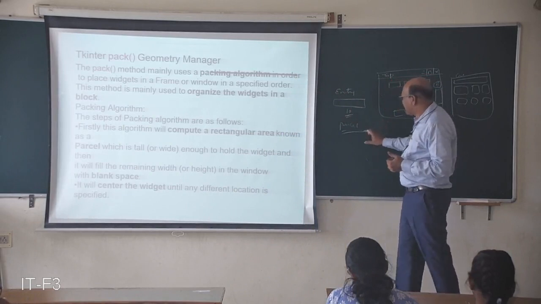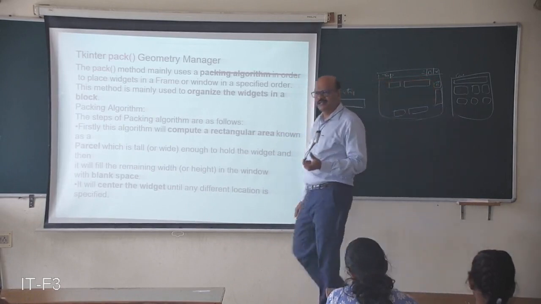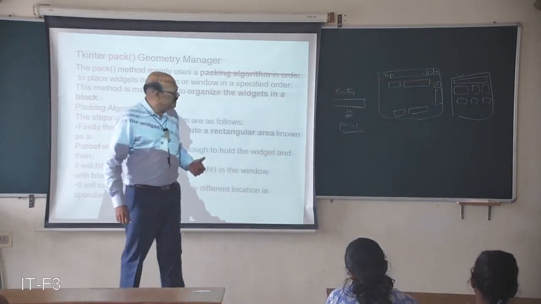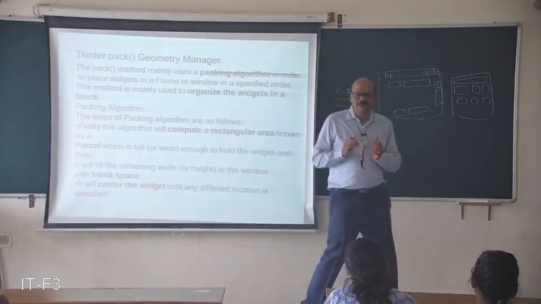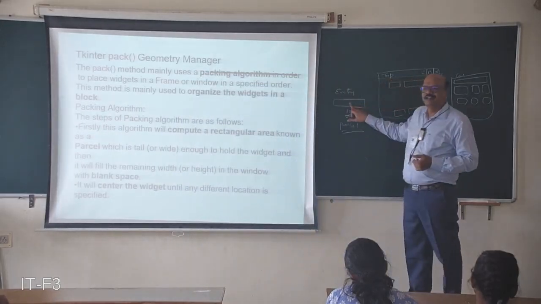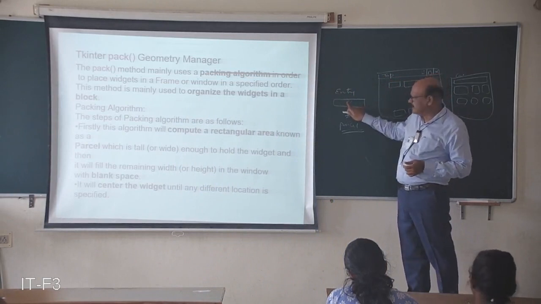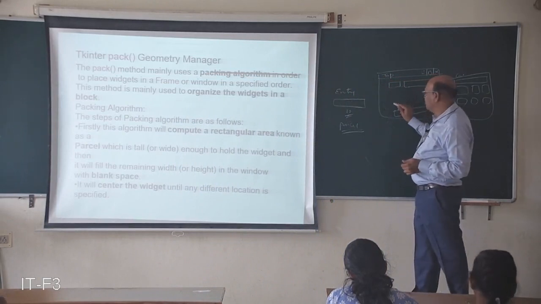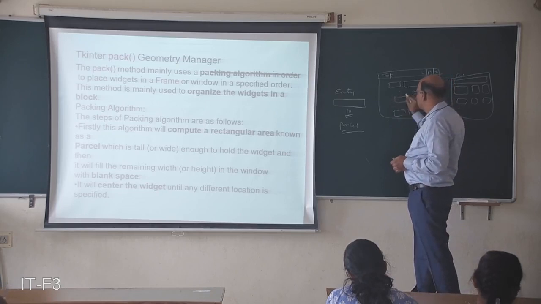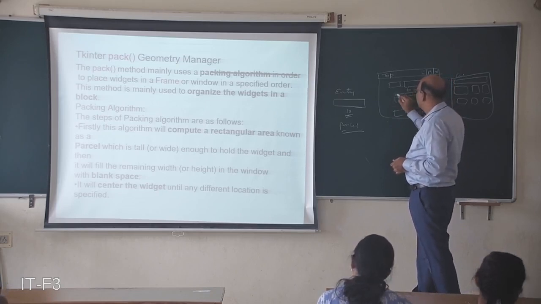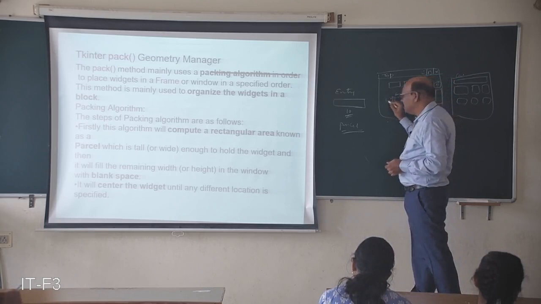So now what is the parcel here? Parcel is the minimum dimension or minimum space that this GUI widget is going to require. Say I want to add this entry box onto my window. How much space do I require? How much breadth and how much height do I require?